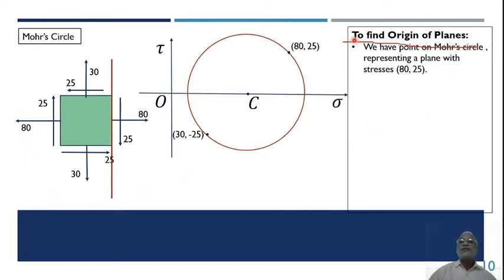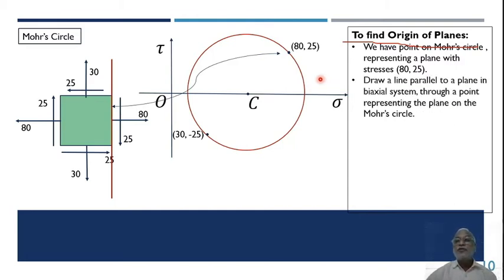Now the idea is only to find the origin of planes, right? So this face, represented by this red line, is represented by the 80, 25 point. That is the point representing that plane.